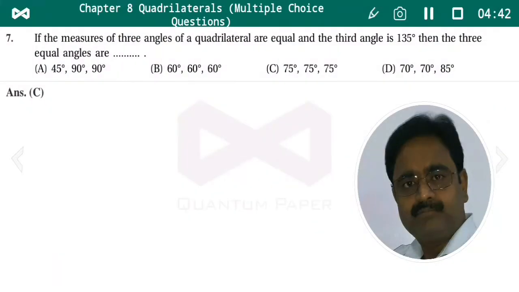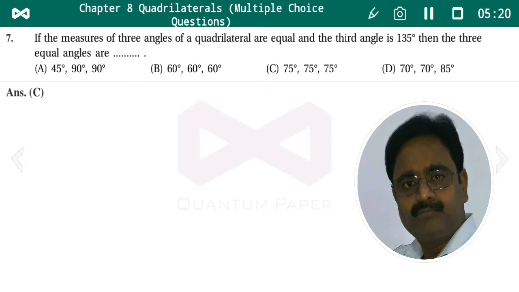Question number 7. Just see, friends, what is given. If the measures of 3 angles of a quadrilateral are equal and the fourth angle is 135, then the measure of those three angles is, we have to tell, right?